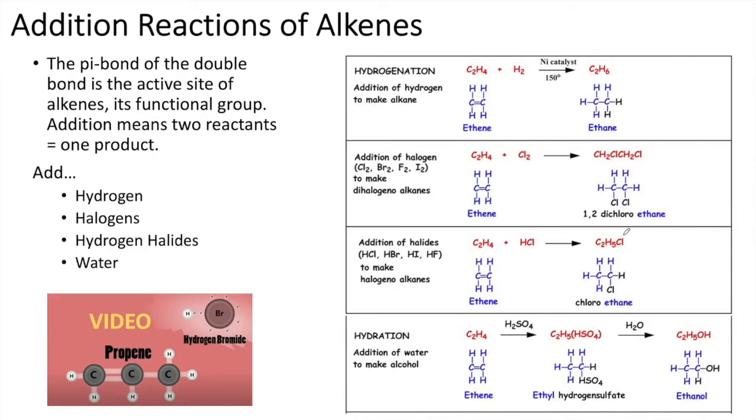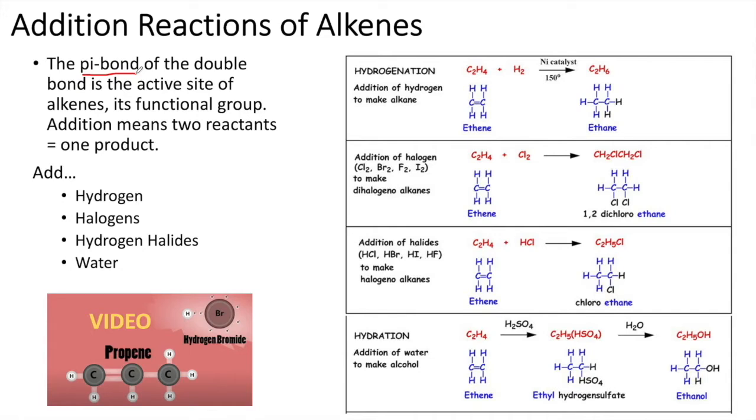Now on to addition reactions. Addition reactions have to do again with the pi bond. It's when the pi bond of the double bond is easier to break apart than the sigma bond. So it is the active site where these reactions happen. Addition means two reactants turn into one product.